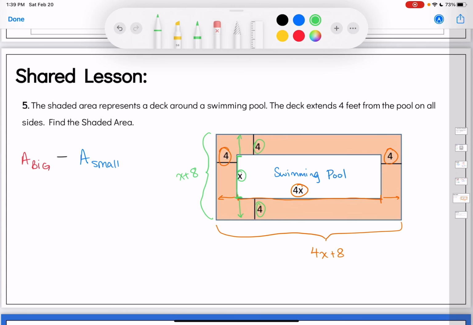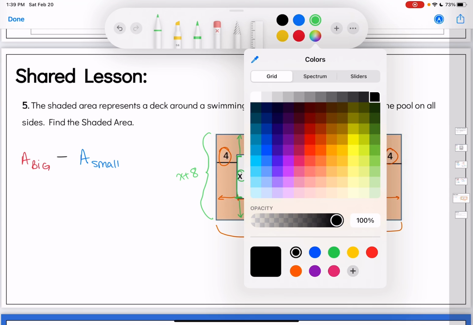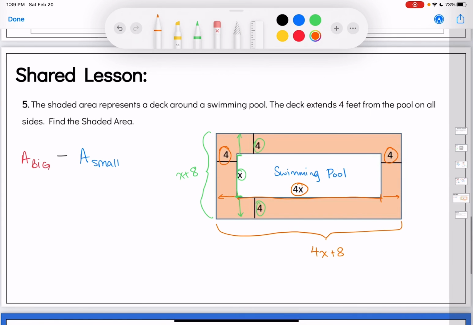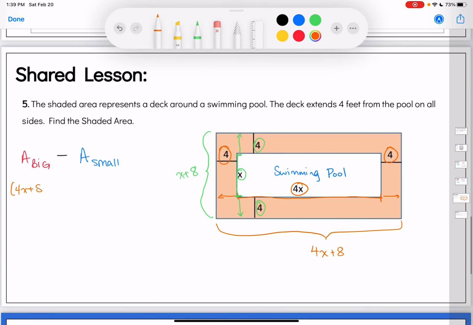All right, now I know that my whole length of my big shape is 4x plus 8, and I need to multiply that by my whole width of my big shape, which is x plus 8. So there's the area of the big. Now I need to subtract the area of the small, the swimming pool, right? Well, the swimming pool was just 4x times x.